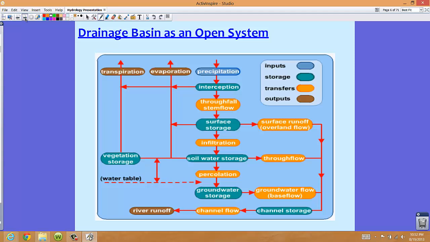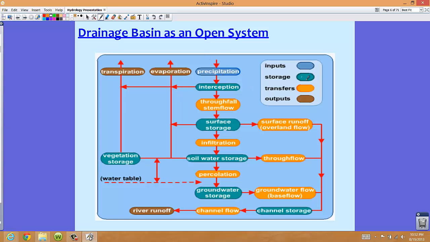And this is an excellent example of a flow chart of the global hydrological cycle. This is something that you want to make sure that you understand, and we're going to go through each individual one in terms of the water cycle and in terms of Sarasota. So just understand that in blue, we have our inputs, and this is where we get precipitation.